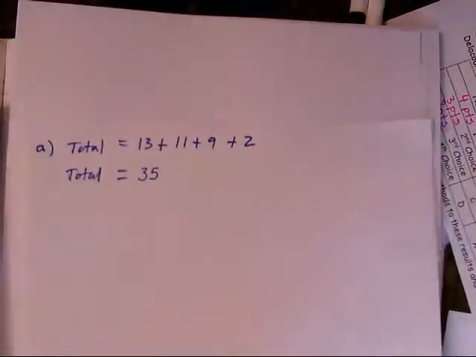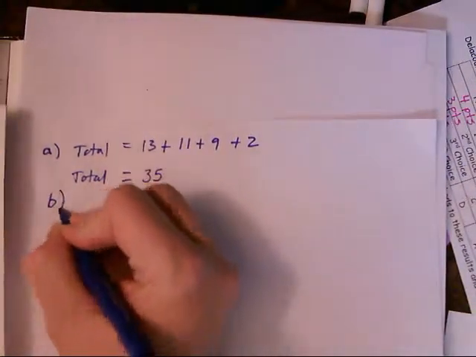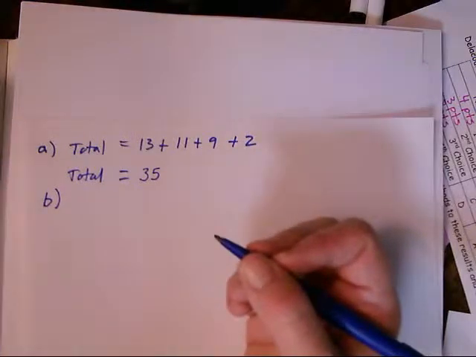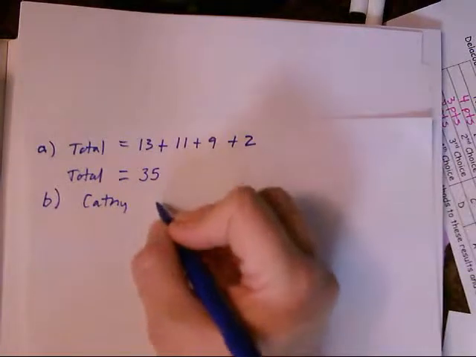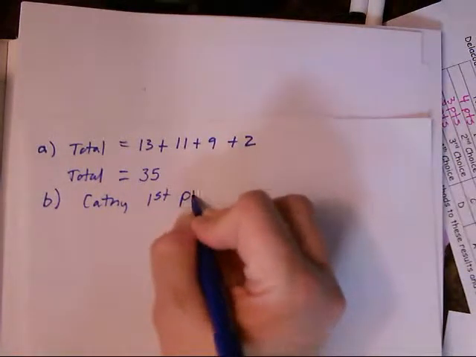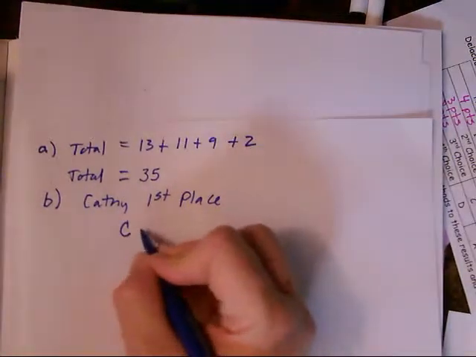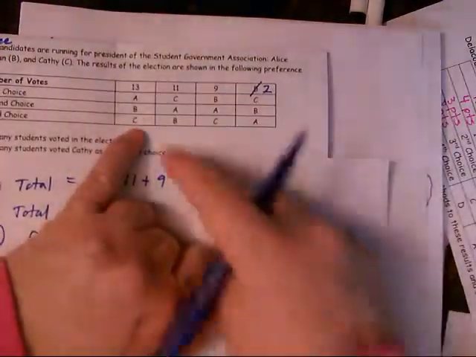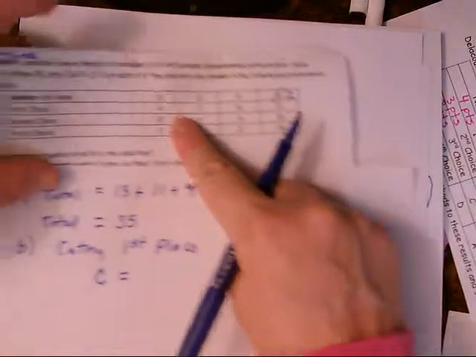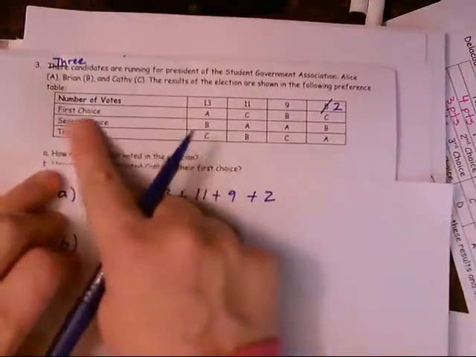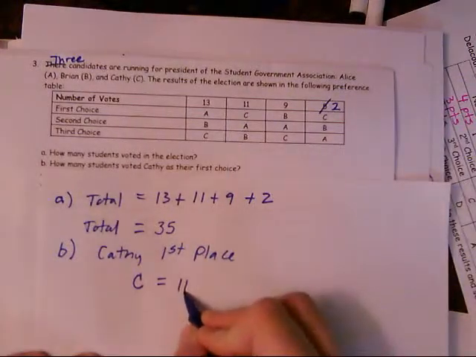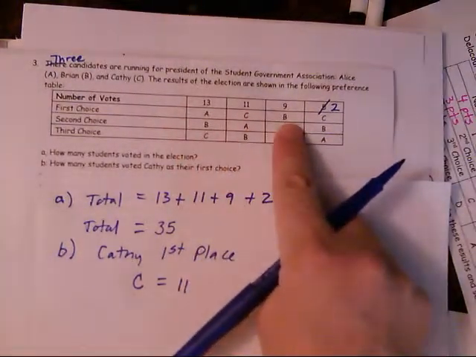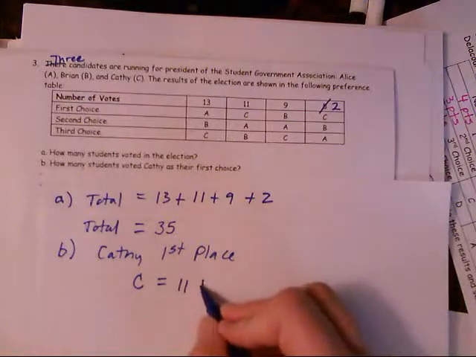The second question on the lecture notes says, how many students voted for Kathy as the first place? For Kathy, we're going across and looking for the first place. First choice was Kathy with these 11 people. And first place was Kathy with the last 2.